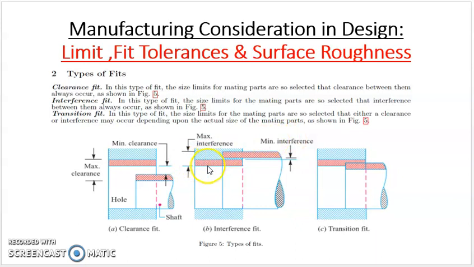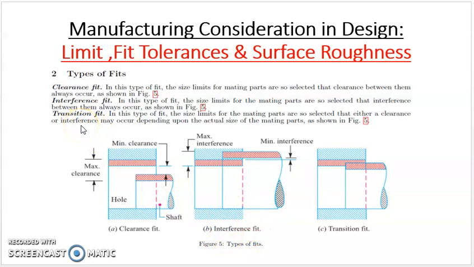Similarly, the lower limit of hole and upper limit of your shaft will give you the maximum interference. From the picture you can directly depict the minimum and maximum interference between the two mating parts, and this kind of combination is called interference fit.